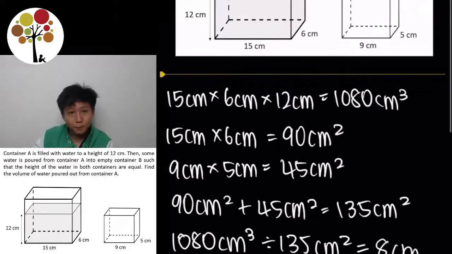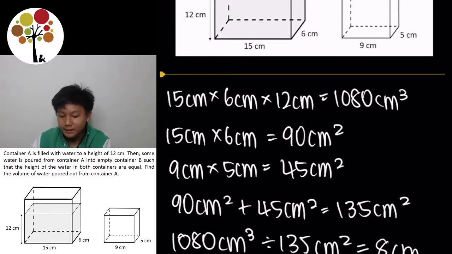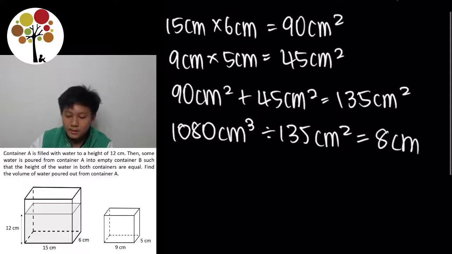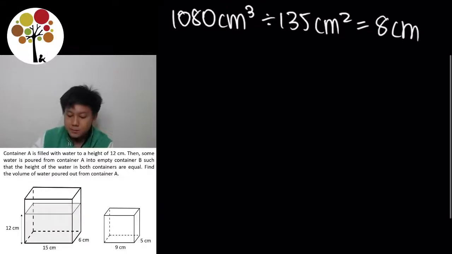But some people might get careless here. They might think that the question is asking for the height of water level, which most questions would ask. But this particular question asks for the volume of water poured out from container A. So the amount of water poured out from container A is basically the amount of water in container B. So you need to find the volume of water in container B. And as I said earlier, the volume of water is length times breadth times height.